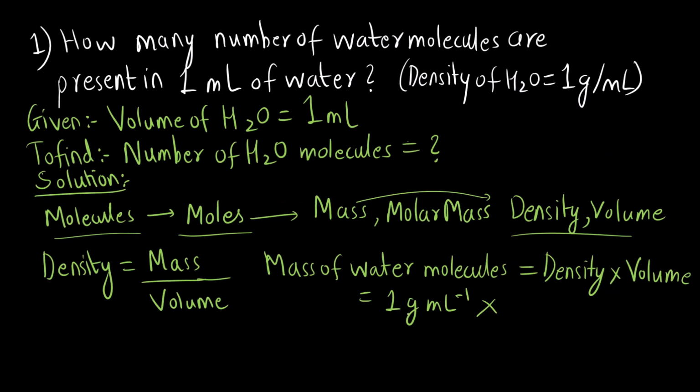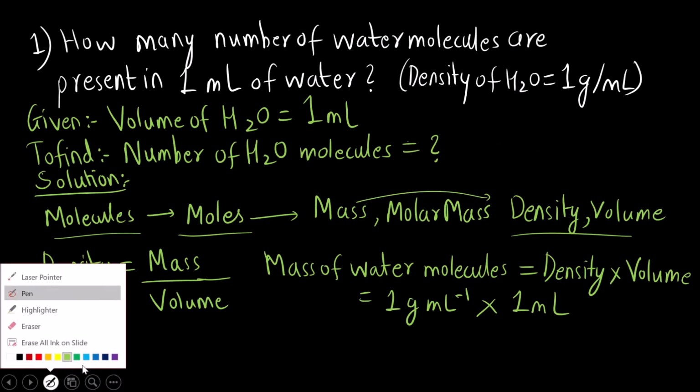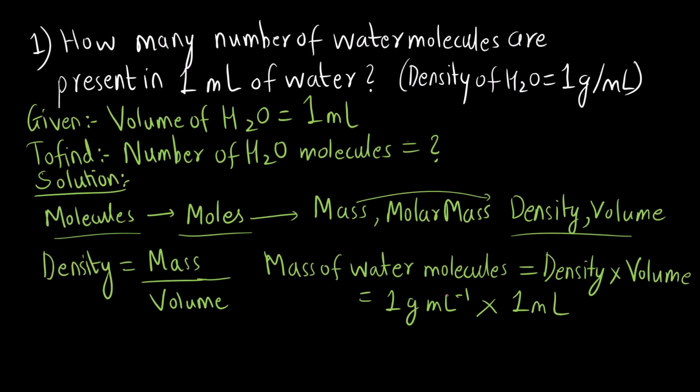So density 1 gram per ml into volume given is 1 ml. You can see ml inverse and ml get cancelled, and the final answer for the mass of water is 1 gram.